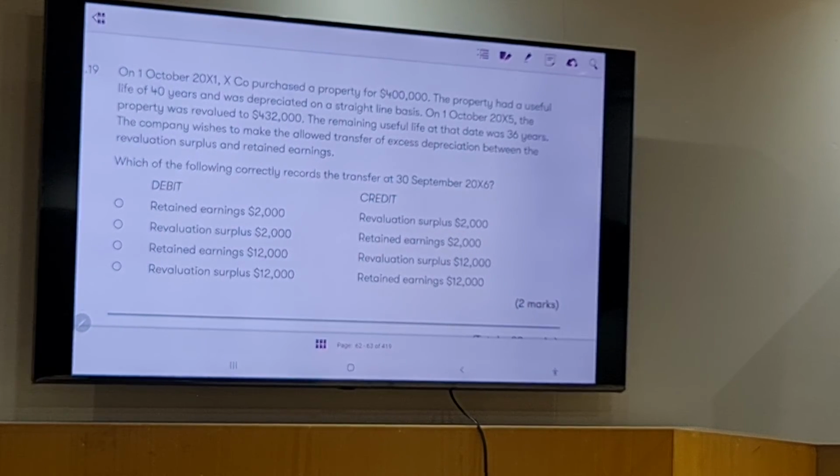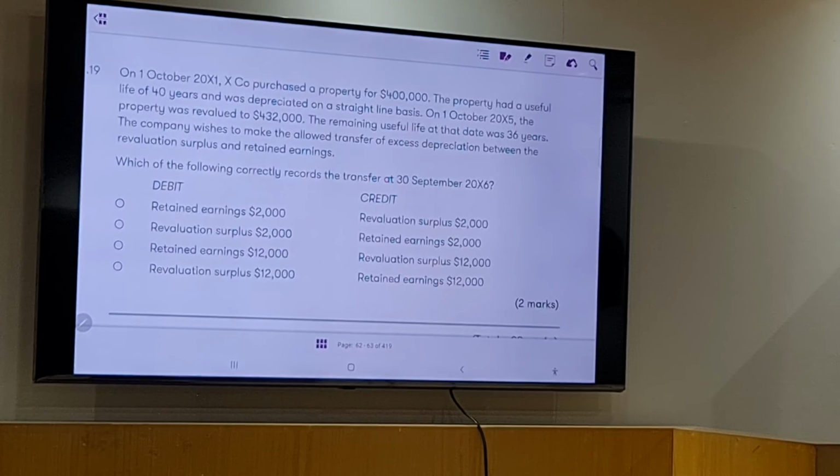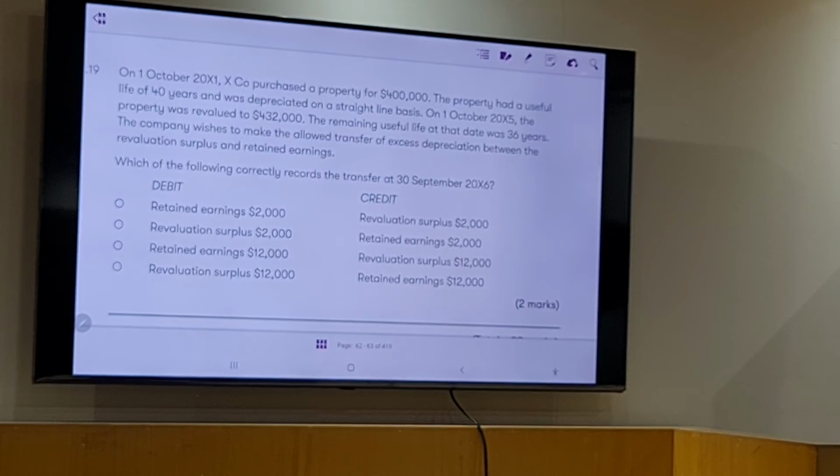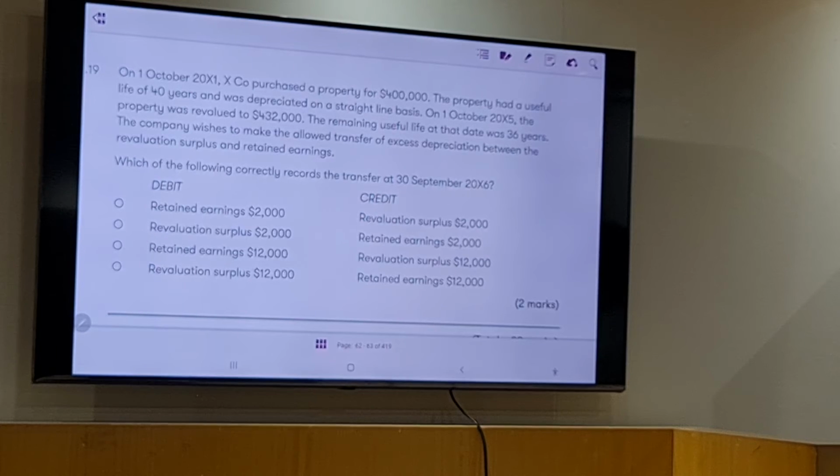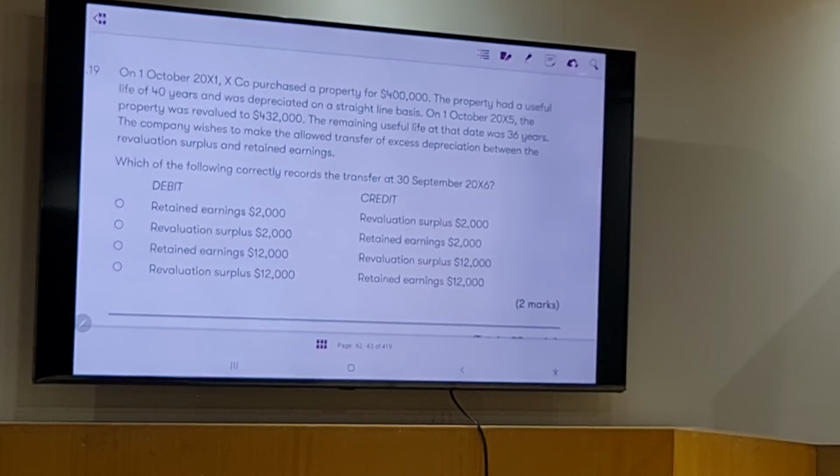Maybe it's a coincidence, but I can't take a risk. I'm teaching you the right method. If you want to follow the shortcut, it's the difference between 432 and 360, it will be 72. 72 divided by the difference between 2015 and 2011, 4 years. It will come 2000.